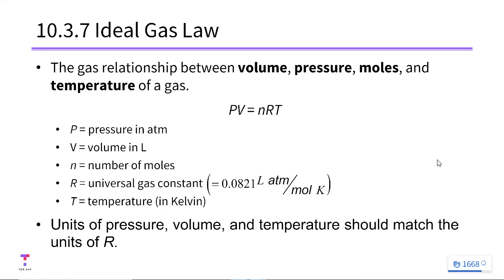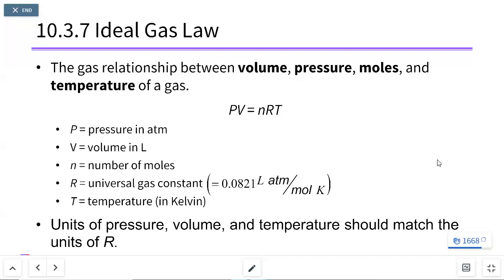The point of the matter is, R is flexible just as pressure is flexible. So if I have a different unit of pressure, I can use a different unit of R to compensate. They have to match. So if my pressure is in atmospheres, I need to use the value of R that also uses atmospheres. If my pressure is in torr, I need to use the value of R that is also given in torr.